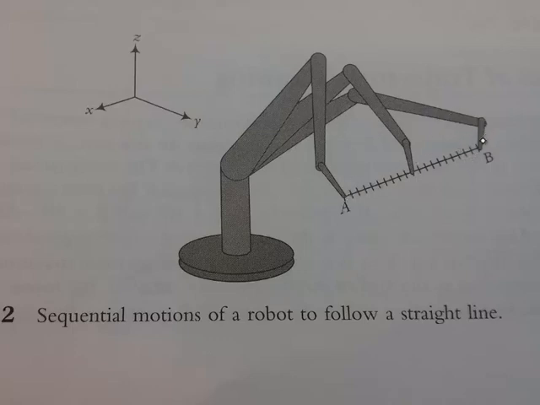However, it shows that in order to follow this path, angle changes are required in all of the angles or all of the revolute joints that this robot has. This angle changes, this one changes, and so does this one. And so this task of following the straight line in Cartesian space is actually a fairly complicated motion required of this robot.